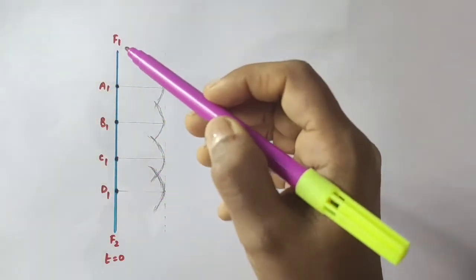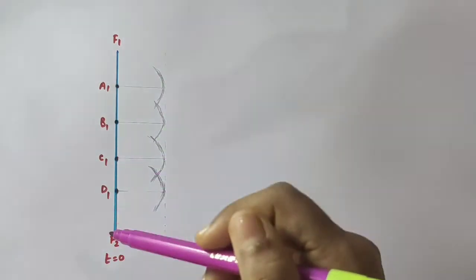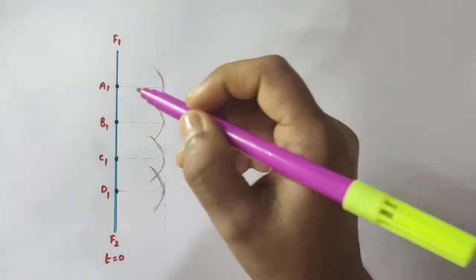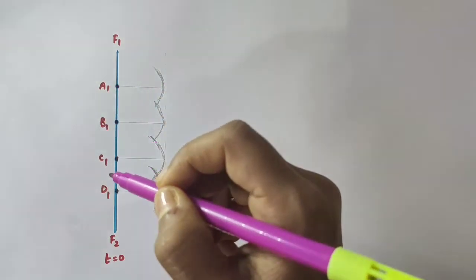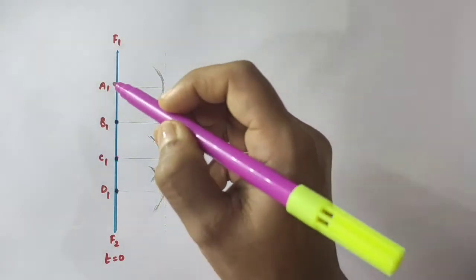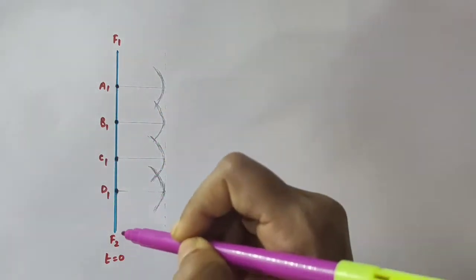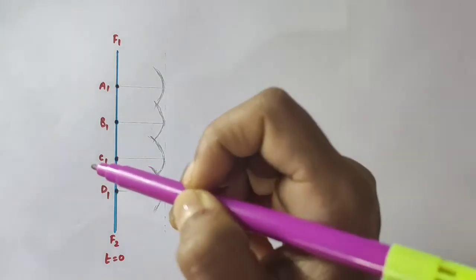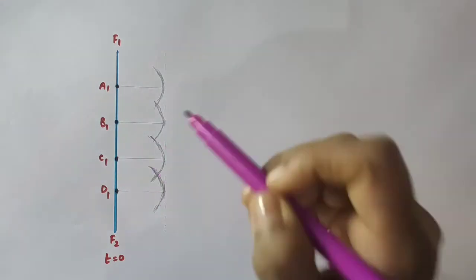So, here F1, F2 is a plane wavefront at t equal to 0. Just like we said, each point on this wavefront, A1, B1, C1, D1, etc., will act as a source of secondary wavelets.